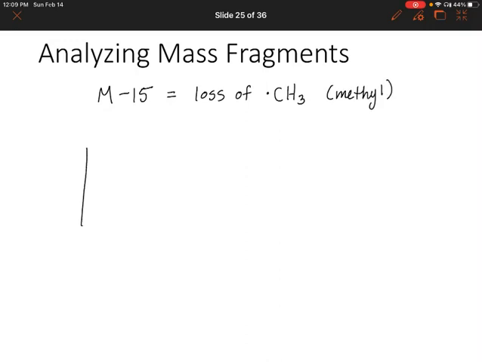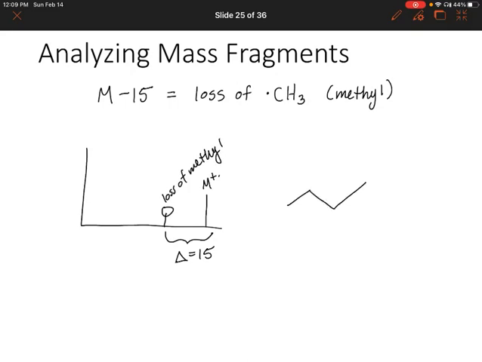Again, let's say we have our mass spectrum. Let's say this is our parent peak. If you find a peak 15 below that, so the difference is 15, then that is due to the loss of a methyl group. So maybe you have this compound and you lost your methyl group off of the end.